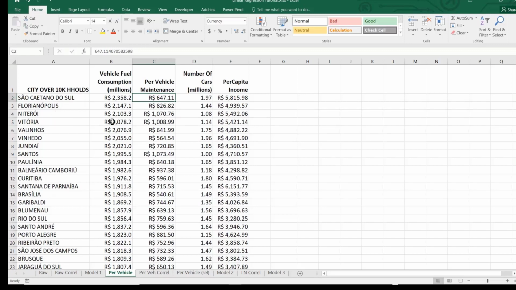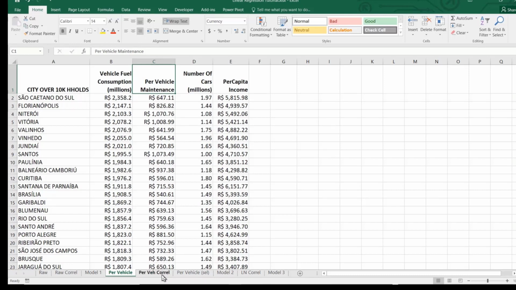While in Niterói, people spend more money in maintenance, 1,070 reais. So now we have deducted, extracted the number of cars from that variable, vehicle maintenance, because now we are using a per car, per vehicle measure.